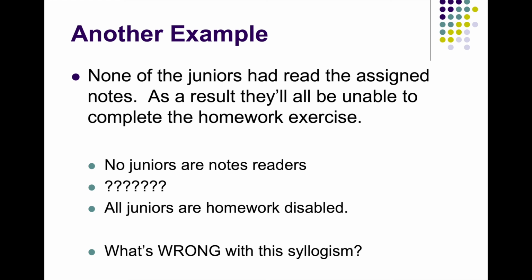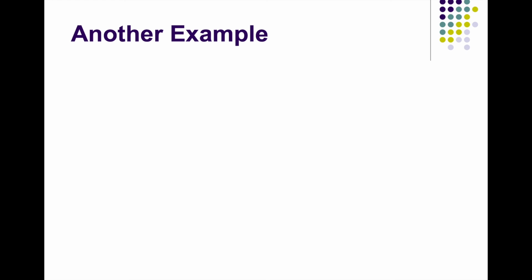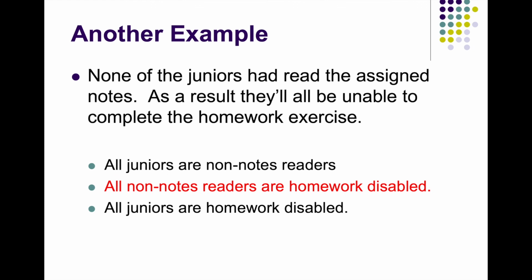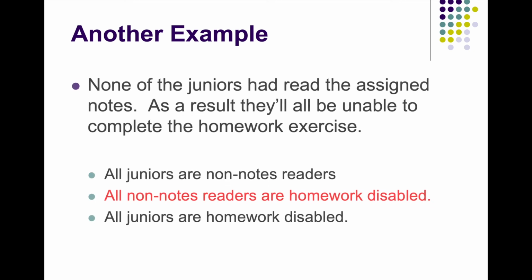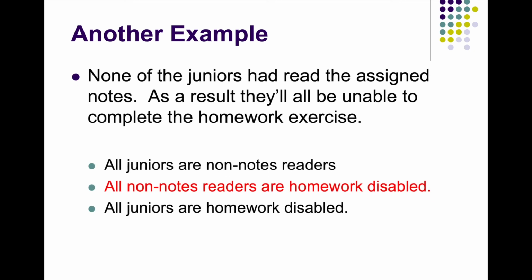So how do we fix that? We could obvert the statement, right? So instead of having no juniors are notes readers, we could obvert and get all juniors are non-notes readers, and then we have an affirmative statement which eliminates the possibility of doing unequal negation, the unequal negation fallacy. And this is why we learn things like obversion and contraposition.